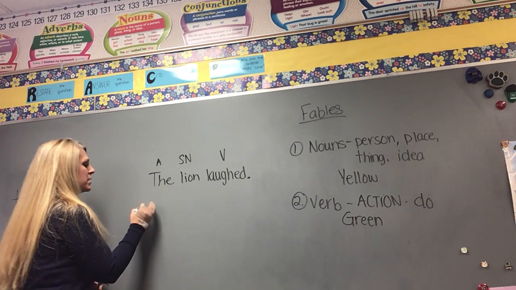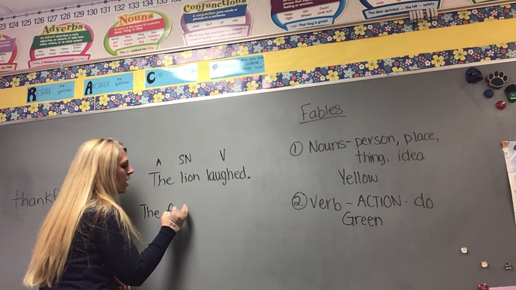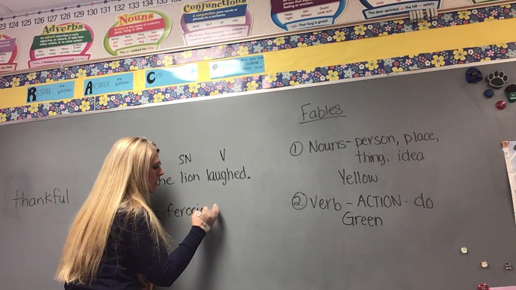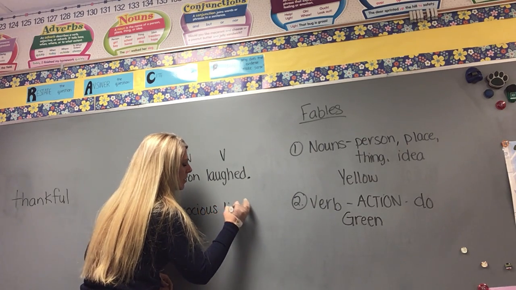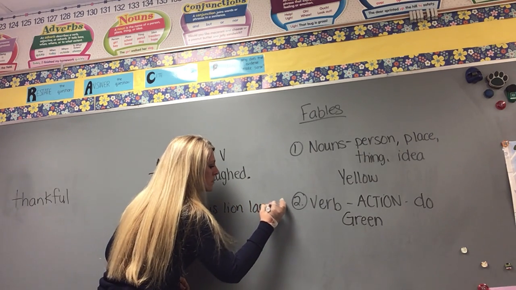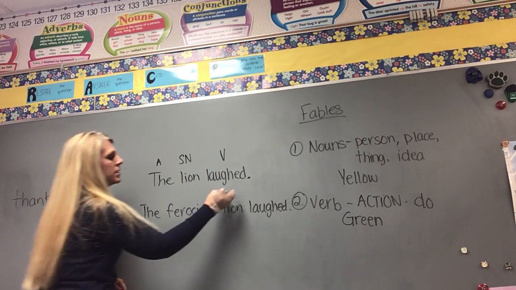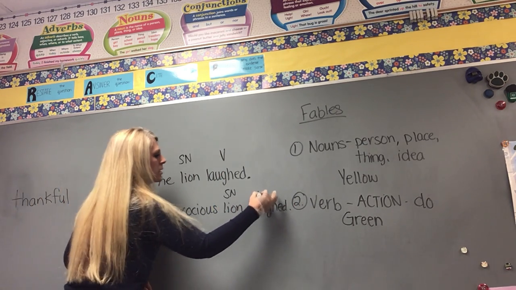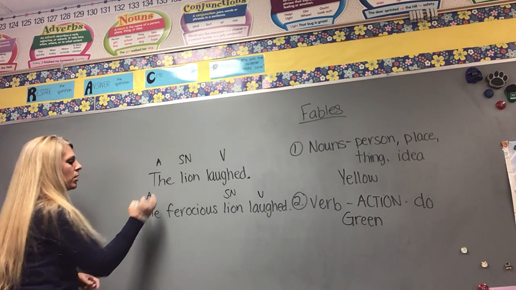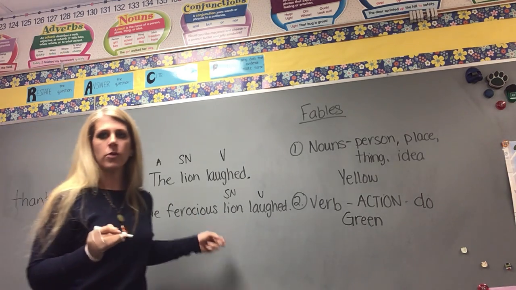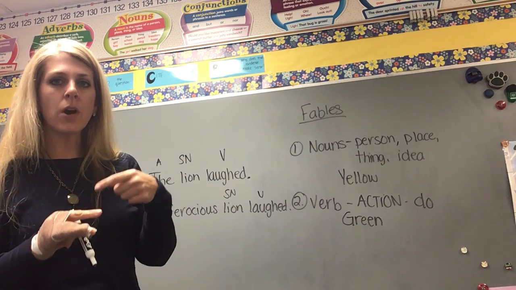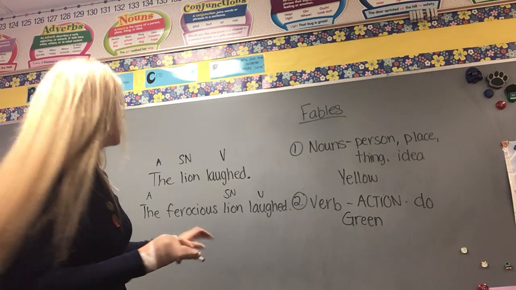So if I change my sentence to the ferocious lion laughed, I still have a complete thought. I still have a subject noun. I still have a verb. This is still an article. Now this word, ferocious, it describes our noun, right?